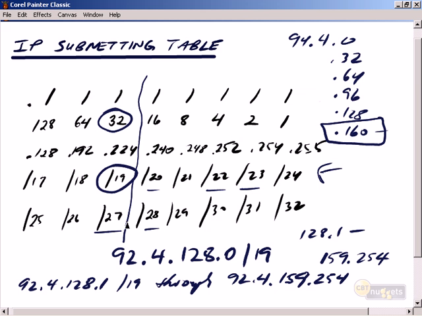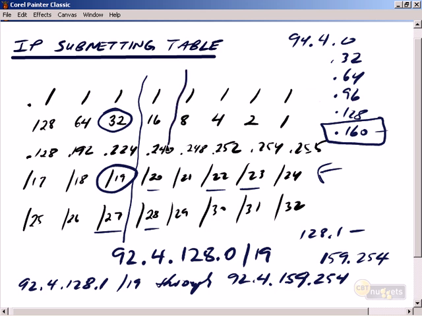And then you just look and say, okay, wherever this prefix is, what is the value of that bit? What is the value of the least significant bit of that network? So if you look at /19, the value of the least significant bit in that network is 32. That's going to be your block size. So you know that your networks are going to be multiples of 0, then 32, then 64, and so on.